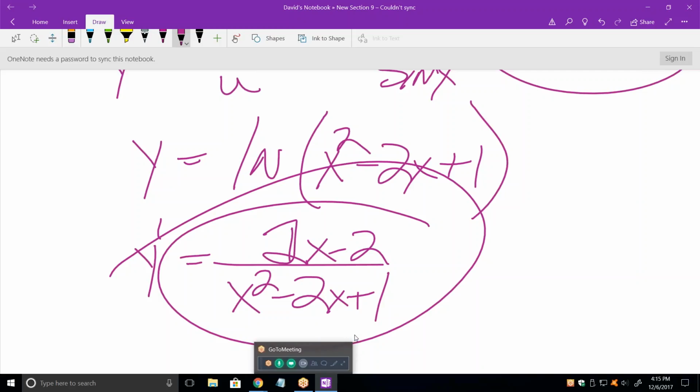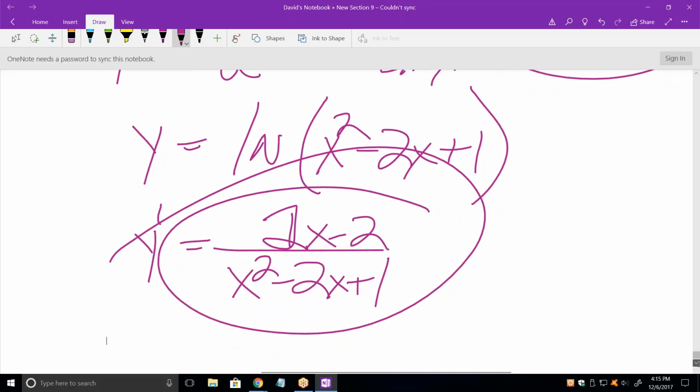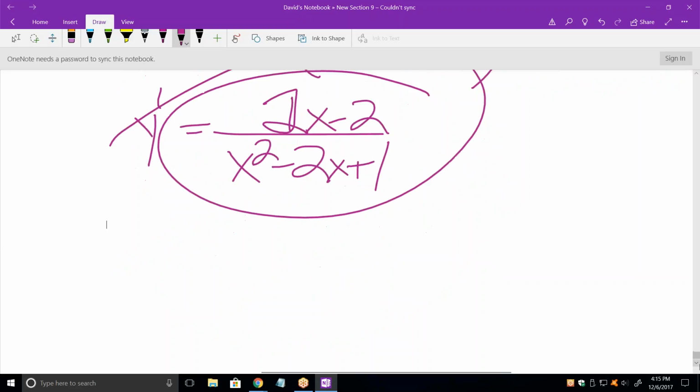What can I do to simplify that? Factor. Right, factor the numerator: 2 times x minus 1.